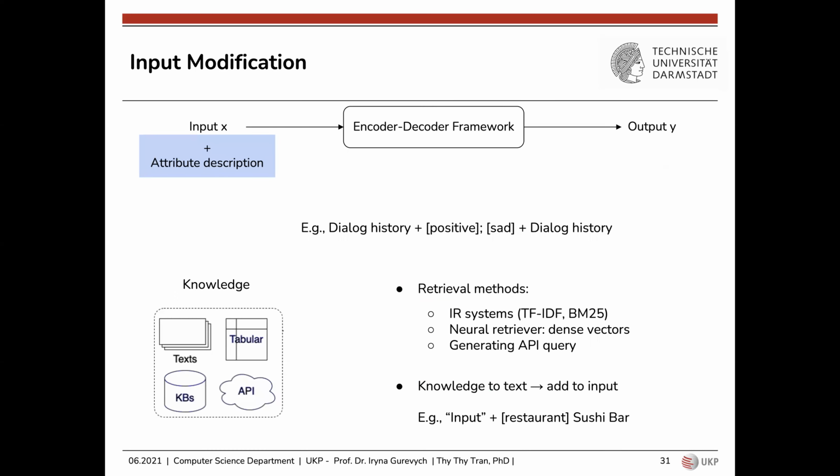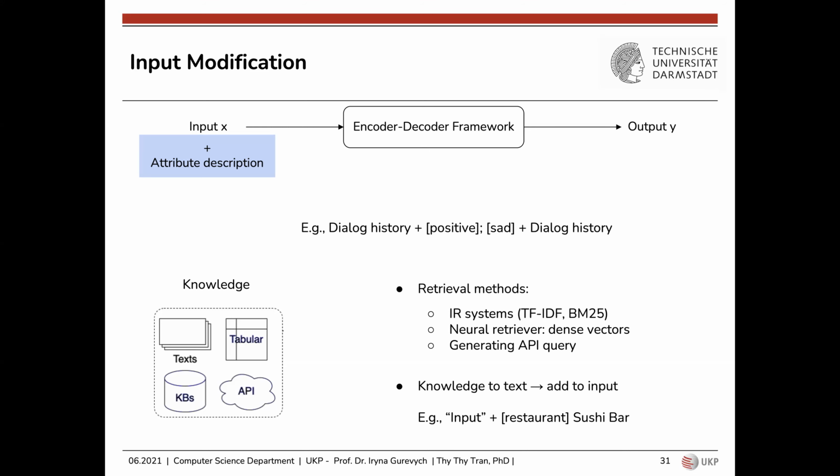Another method is to modify the input to incorporate attributes while training a model. We can add an attribute description to the input and train the model to generate a sequence according to the description. Common attribute descriptions added to the input sequence include style, topic, emotion, personal profile, or situation description.